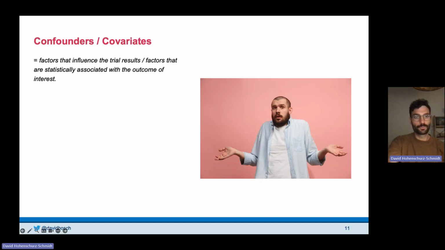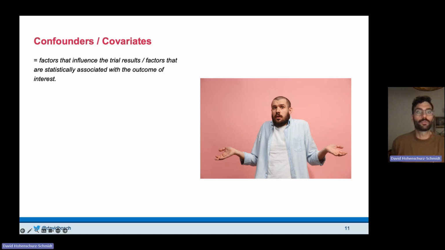Related to subgroups are so-called confounders or covariates. These are factors that influence trial results. That means they are statistically associated with the outcome of interest. You're testing, let's say, pelvic pains. So the outcome of interest is the occurrence of, say, monthly pelvic pains.